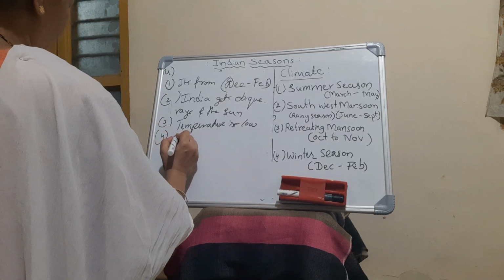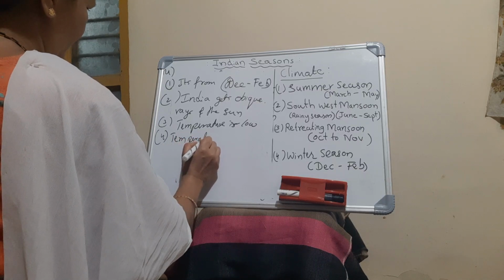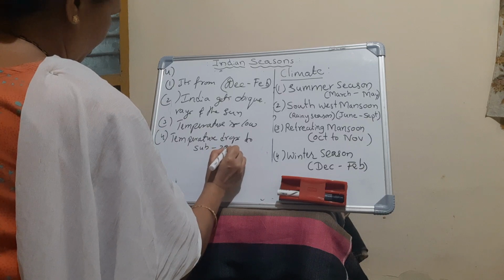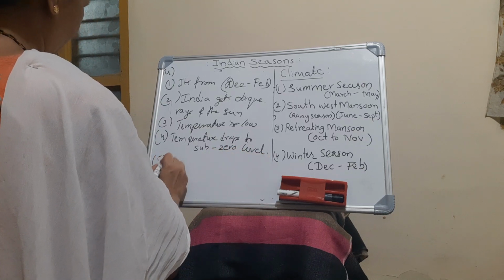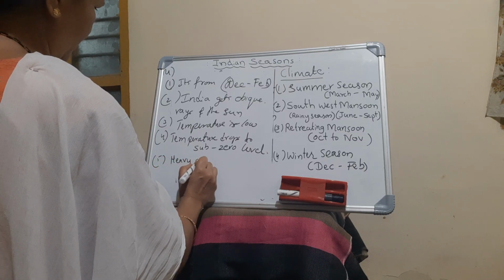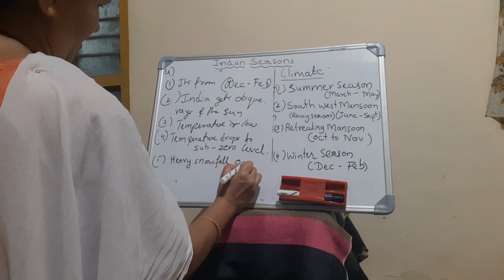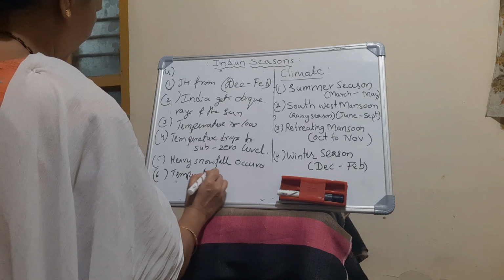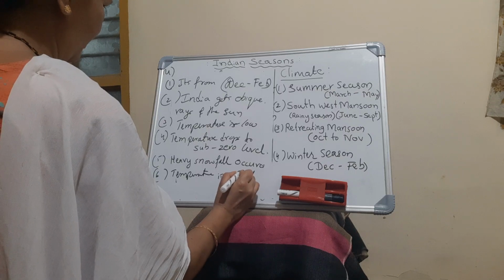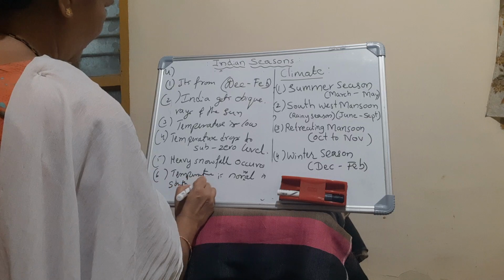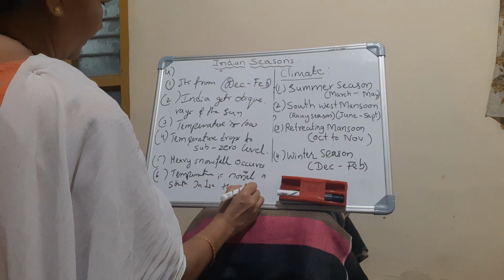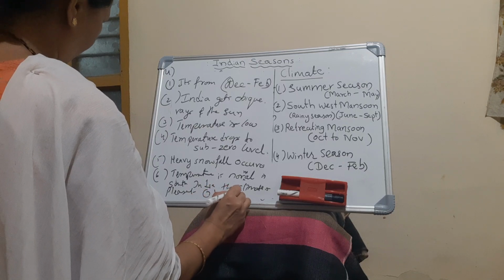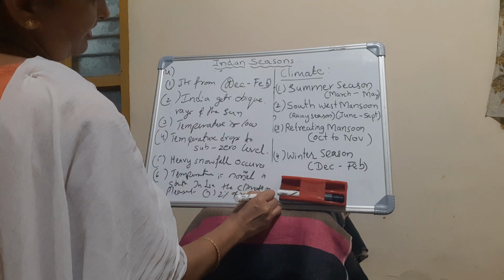Then temperature drops to sub-zero level. Heavy snowfall occurs. Then sixth one, temperature is normal in South India, the climate is pleasant. Then seventh, 2% of rainfall we find.